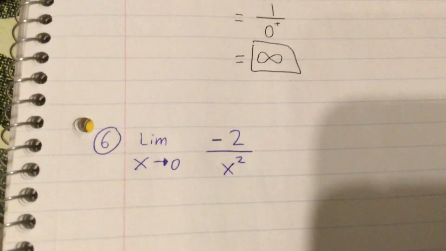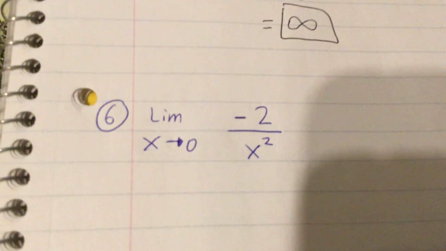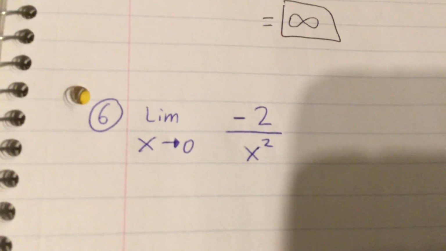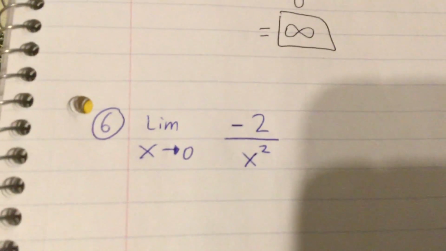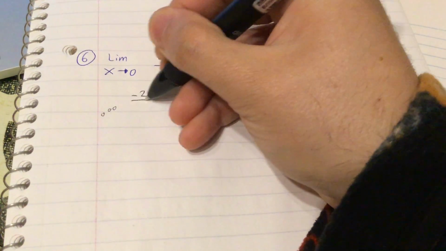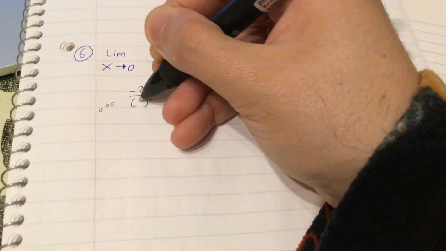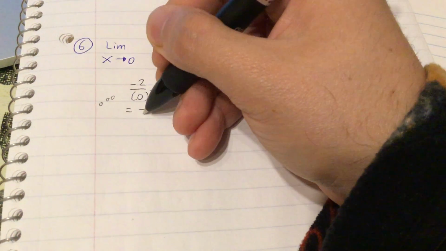Okay. See if we can do this problem now. The limit as x approaches 0 of negative 2 over x squared. Okay. So let's take direct substitution. Notice I'm not going to be happy. Negative 2 over 0 squared. That's 0 squared is 0.